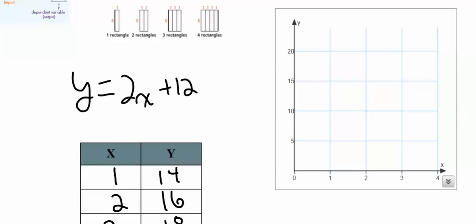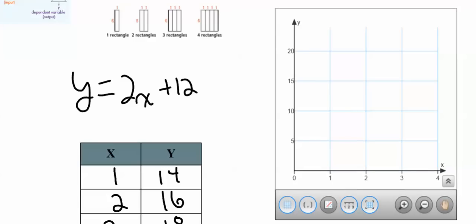If you look at the plotting of the points, you could go ahead and plot 1 comma 14.